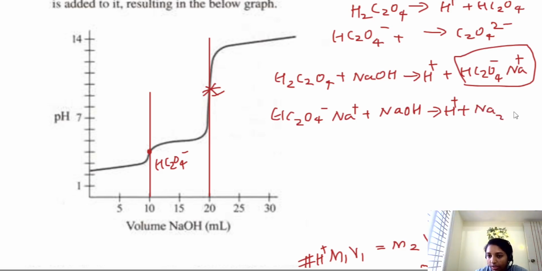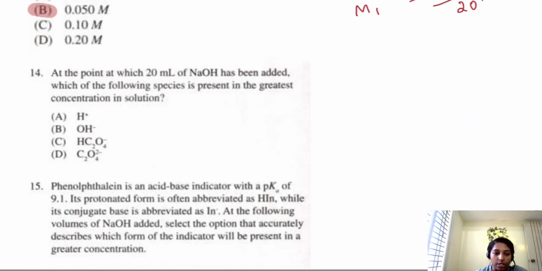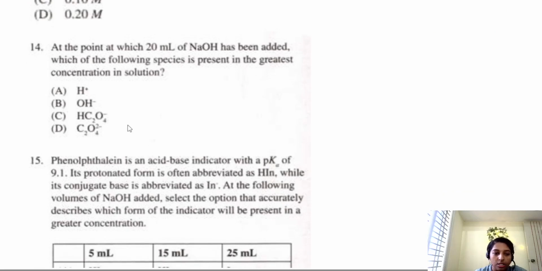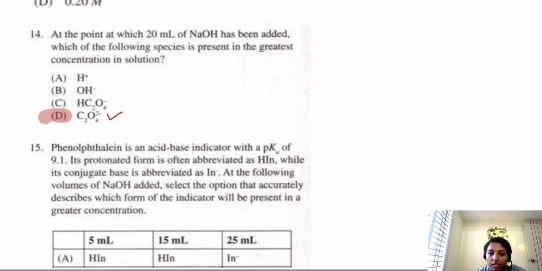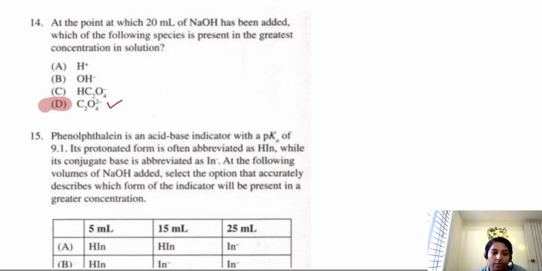Sodium is not mandatory, like C2O4 2 minus or Na2C2O4. This will be our second salt. So at this end point, the most common species is Na2C2O4. Correct? So you can choose that one. See the question options. You can see C2O4 2 minus. As I told you, Na you can omit, no issue. Na is just like a spectator ion. Since it's the second equivalent point, that will be the salt.